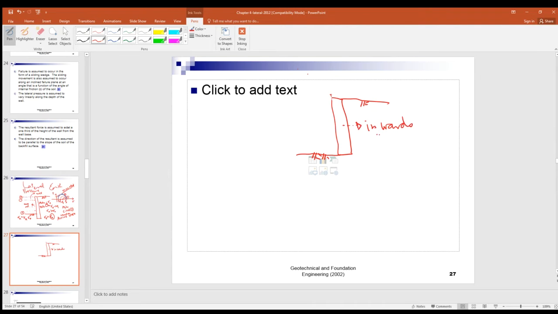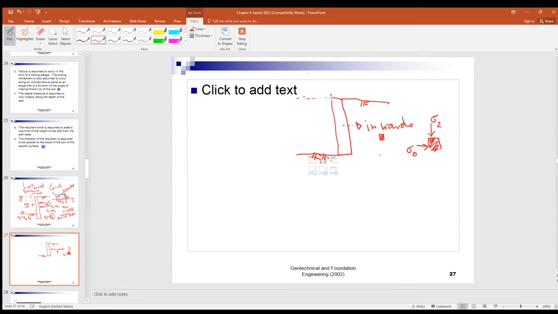Now consider again this soil element, right? Now this soil element, again you got the vertical stress, and that is the horizontal stress, right?